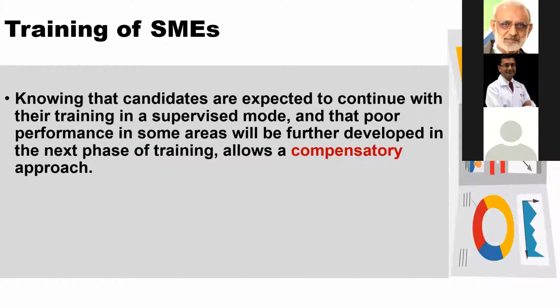Knowing that candidates are expected to continue with their training in a supervised mode and that poor performance in some areas will be further developed in the next phase of training allows a compensatory approach where all the marks from all the stations are added together to come to a final score. This means that one station can compensate the score of another station.